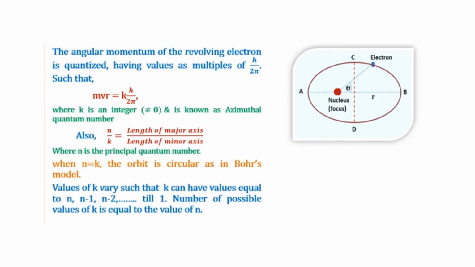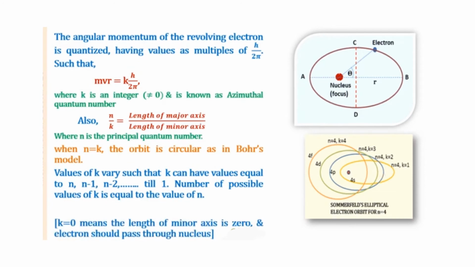This gave the conclusion that electrons revolve in elliptical orbits, but when the length of the major axis is equal to the minor axis, it is a circular orbit. The values of k can be n, n-1, n-2, and so on till 1, and the number of possible values of k is n, where k is not equal to 0.